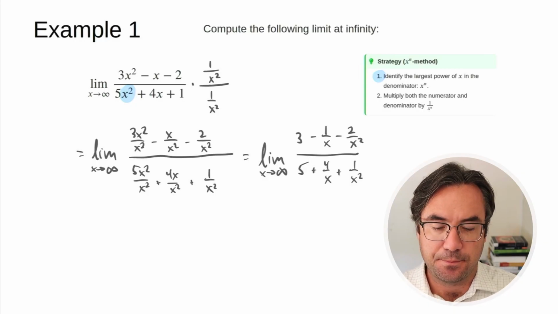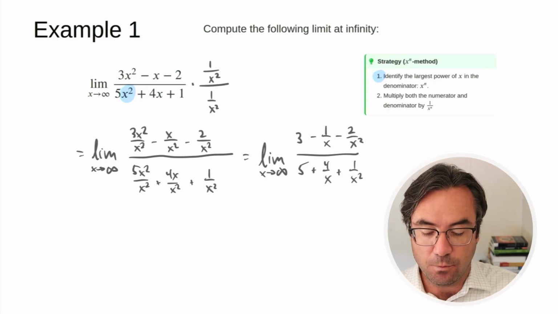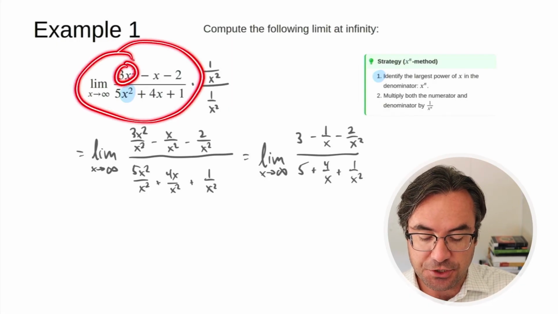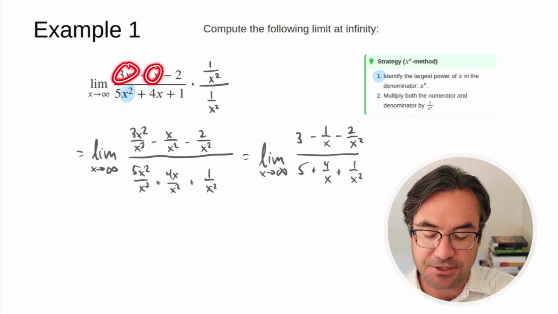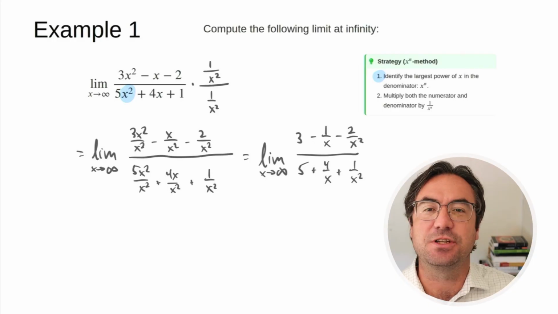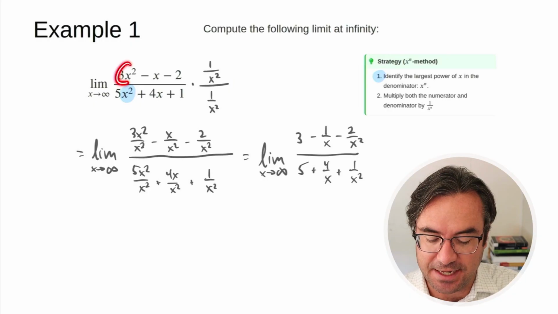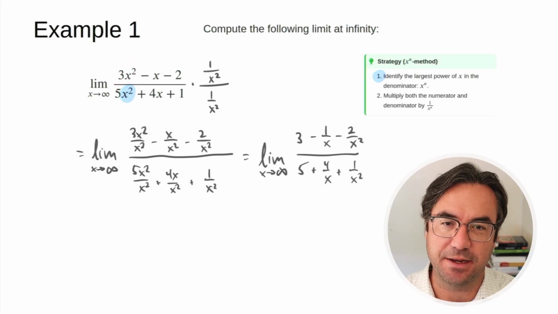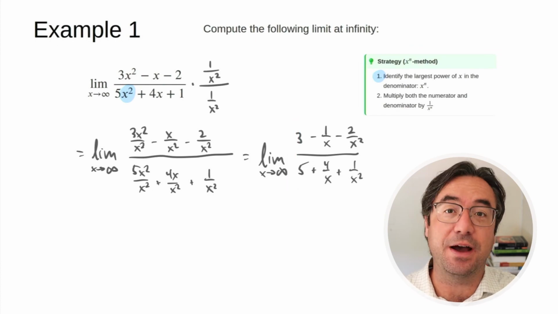And this is where we can see the difference from what we started with. If x was going to infinity, each of these x terms is going to infinity. And infinity is not like a regular number where we can do regular arithmetic. So it doesn't make any sense to do infinity minus infinity, or infinity divided by infinity.